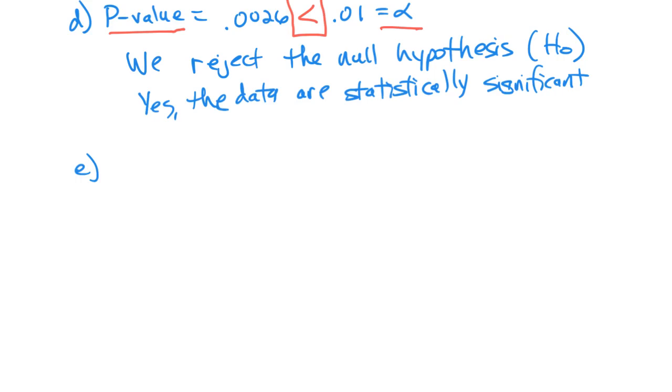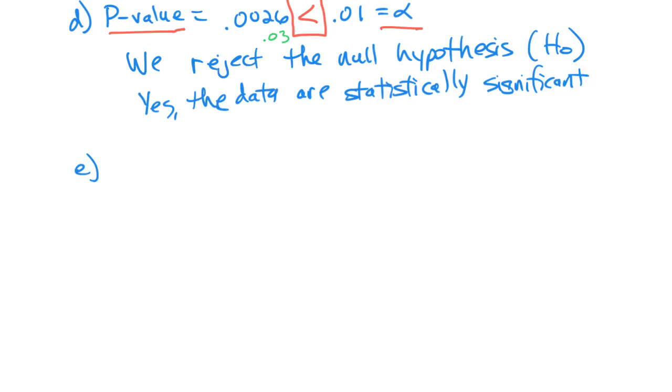So we have to mention our alpha level, because we're going to see that sometimes, imagine this, imagine if we got a p-value that was, it's not, but just imagine we had one that was like 0.03.